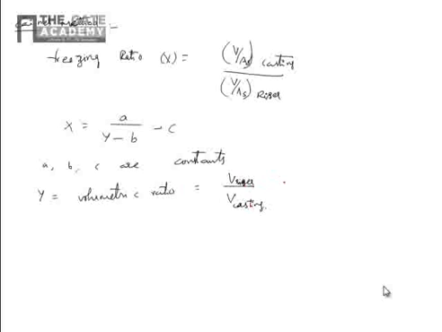Sorry, this is not called modulus. The volumetric ratio is volume of riser by volume of casting. Modulus is different: modulus equals V by AS.